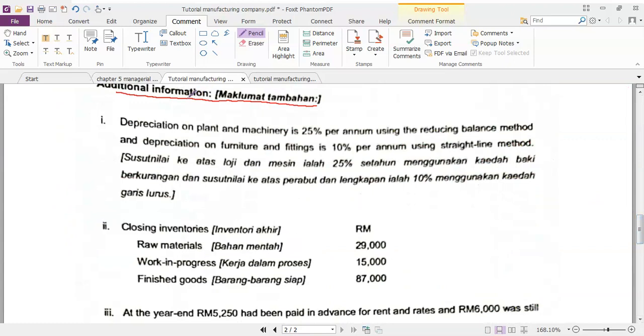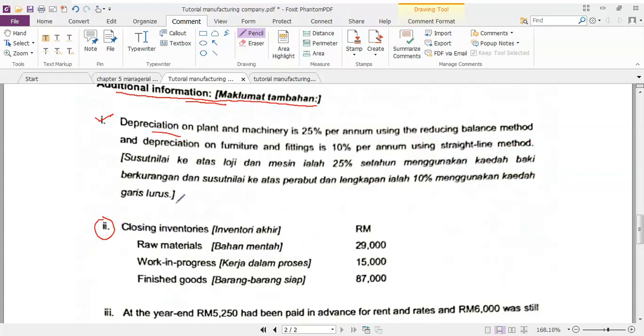Here, it is in additional information. Okay, the first one is for depreciation. Later on, I will teach you how to do the depreciation. The second one is additional information regarding the closing inventory.